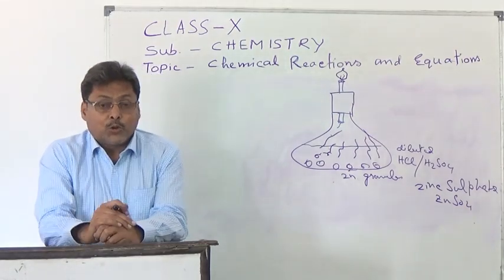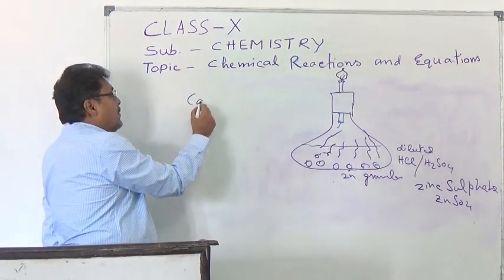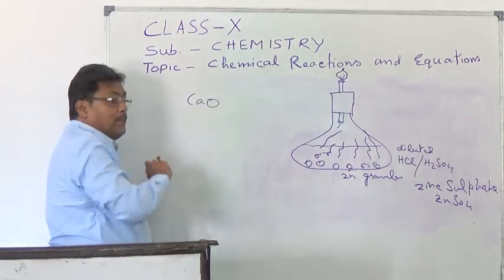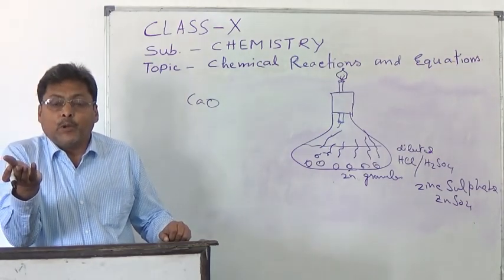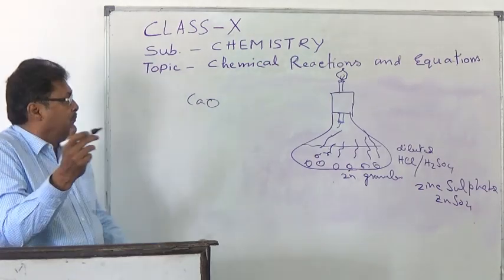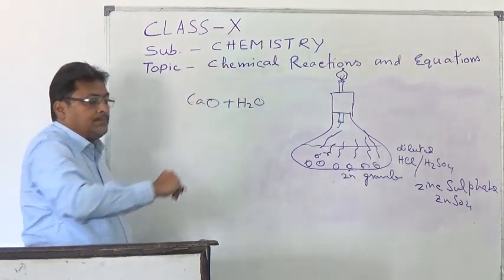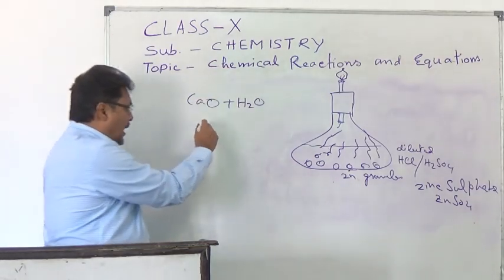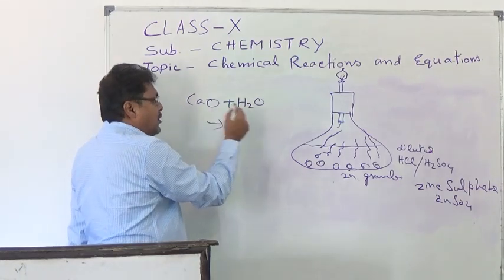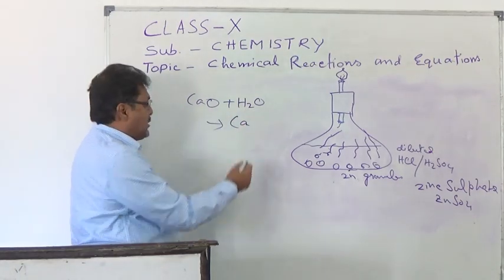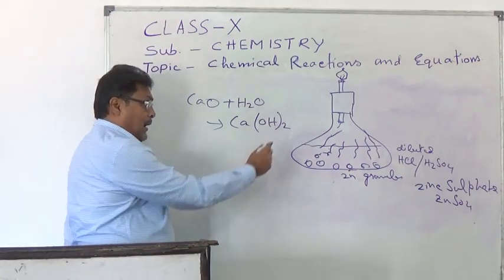At your home you can also see that if you take some quick lime, we call it tuna, and add some water to it, it will actually change: calcium oxide plus water changes into calcium hydroxide.